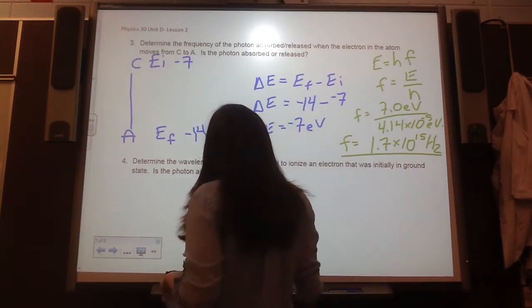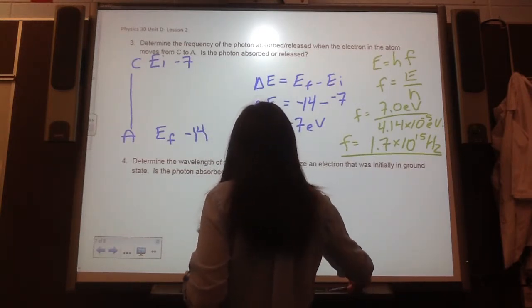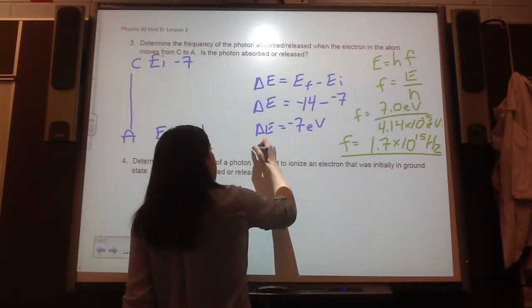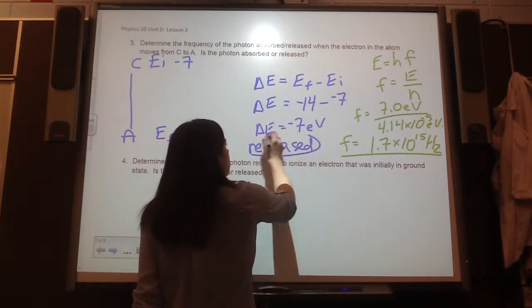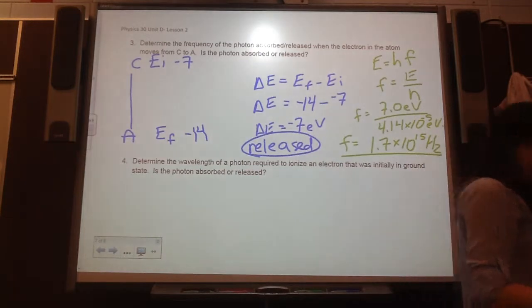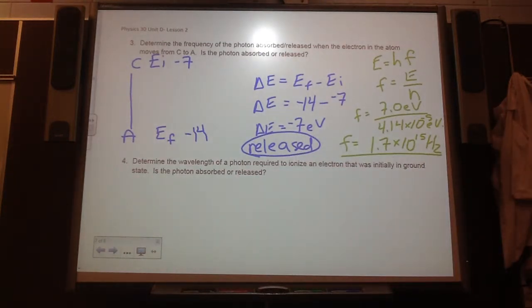And then it also asked us, is the photon absorbed or released? Well, if it's negative, then it's been... I didn't get that answer. Did you say it was 1.75 or 1.7? You said 1.75. So is it 1.7?